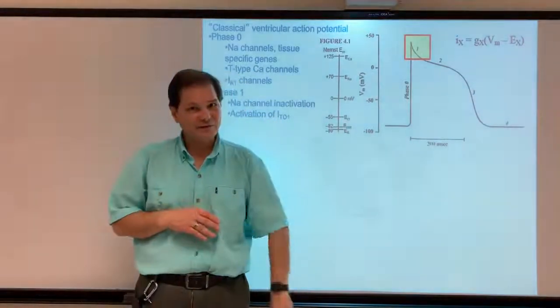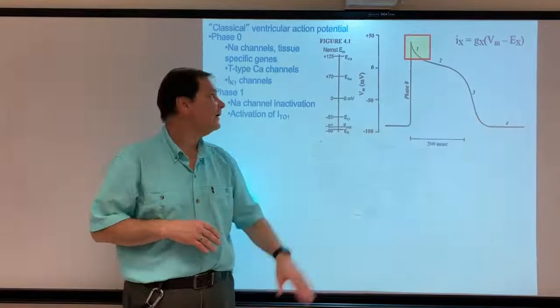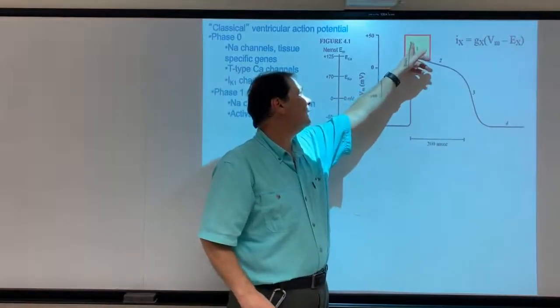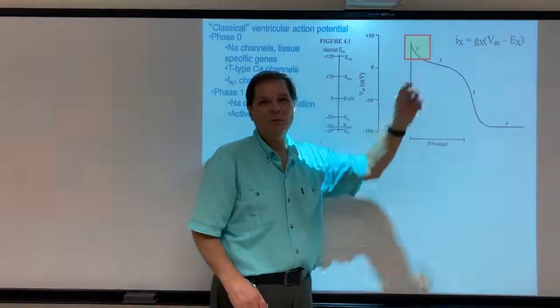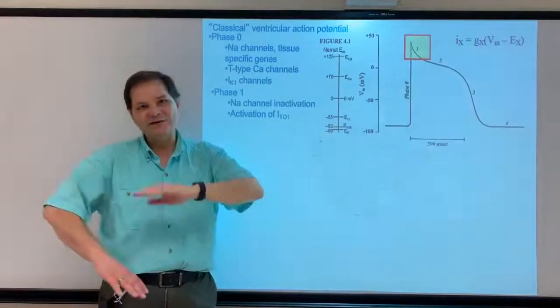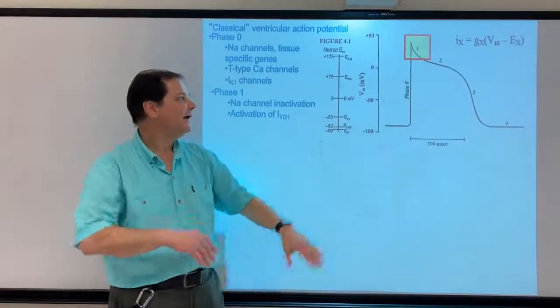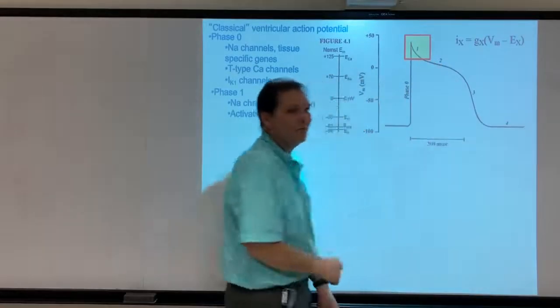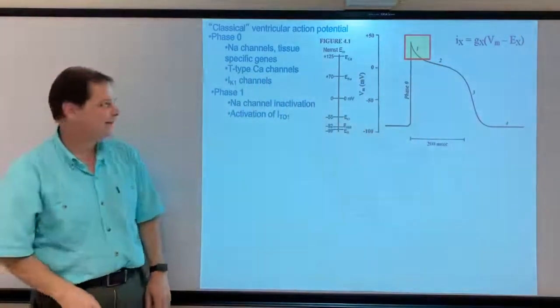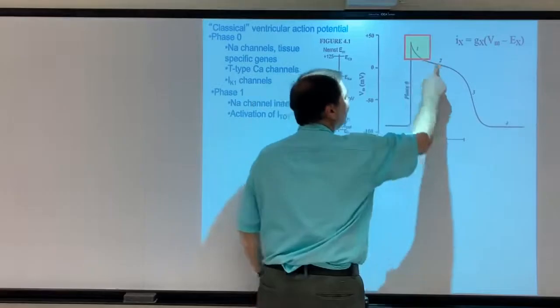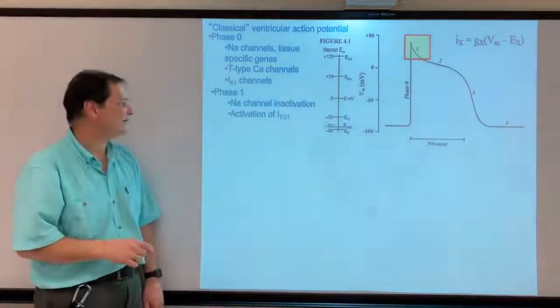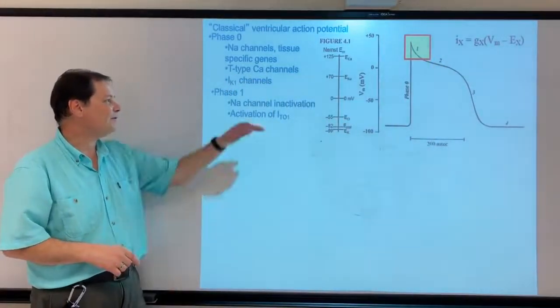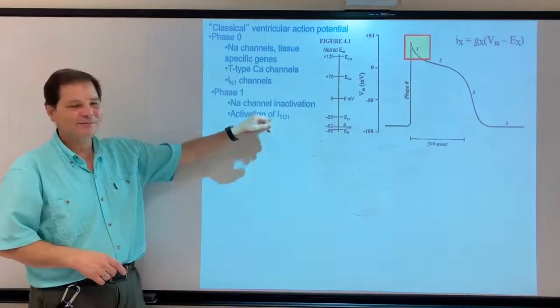Now it doesn't open as fast as the sodium channel gate does, but it does open quickly enough to mediate this phase 1. And then we have an inactivation gate that is slower, and that current gradually inactivates as we exit phase 1. And that's part of the reason why we enter this plateau phase, although we're going to get to that in a second. So as we enter the plateau phase, this current inactivates.